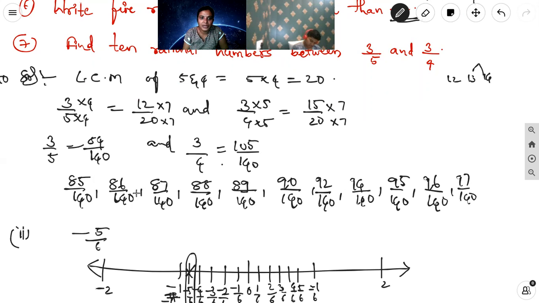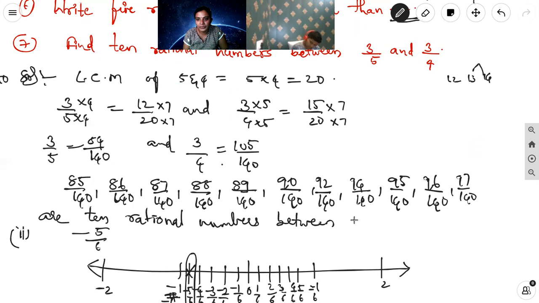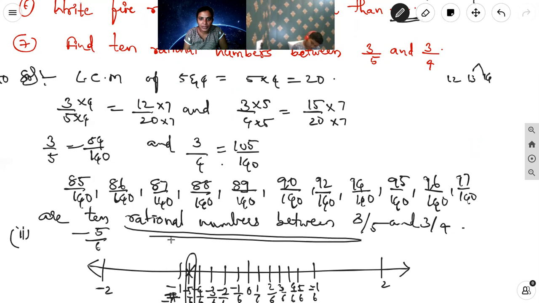How many over? 1, 2, 3, 4, 5, 6, 7, 8, 9, 10, 11. Or 10 rational numbers between 3 by 5 and 3 by 4 is the solution.